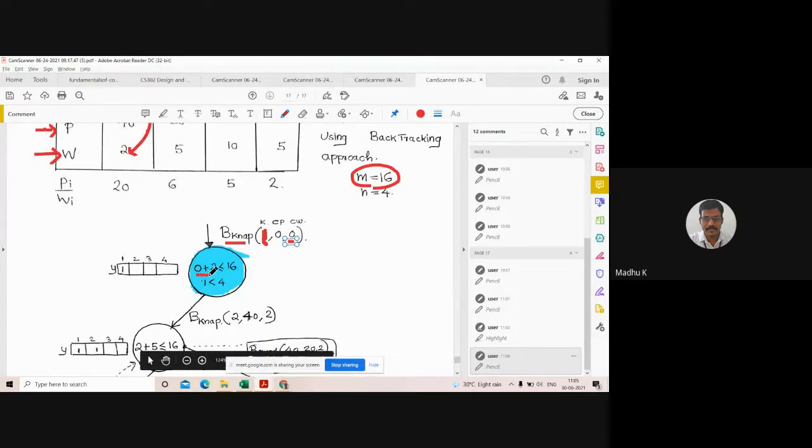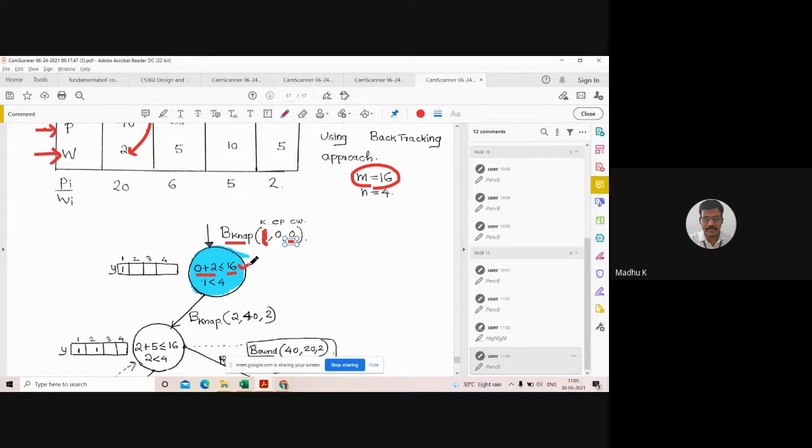0 plus 2: the current weight plus the weight of object 1. We check whether it is less than or equal to M. Yes, so this condition is satisfied.